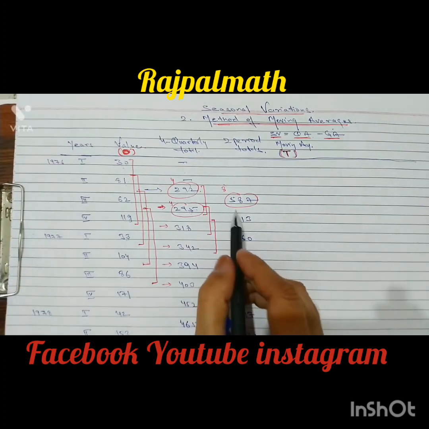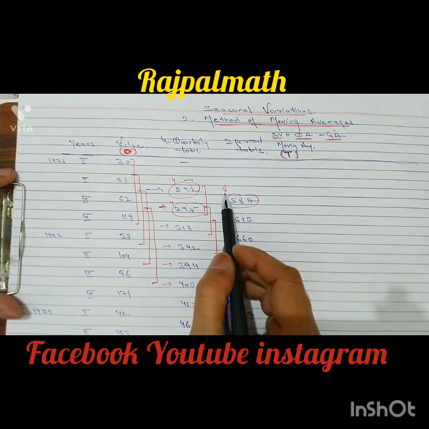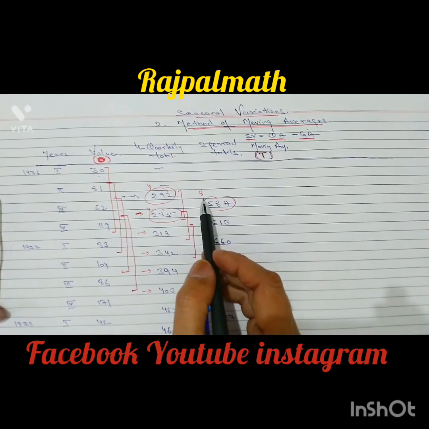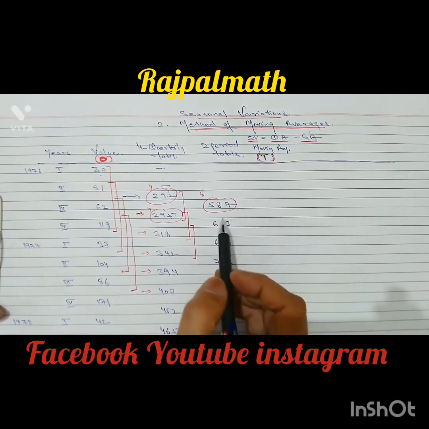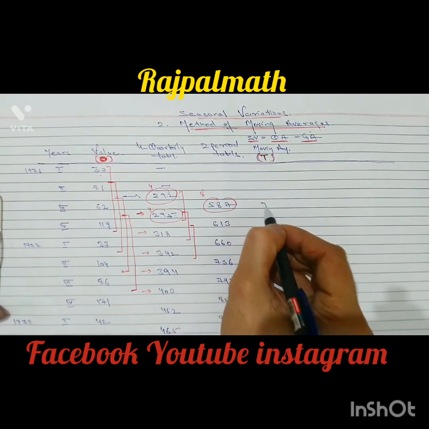To find the average of 587, we have to divide it by 8. Therefore, average is 587 divided by 8, which is 73.